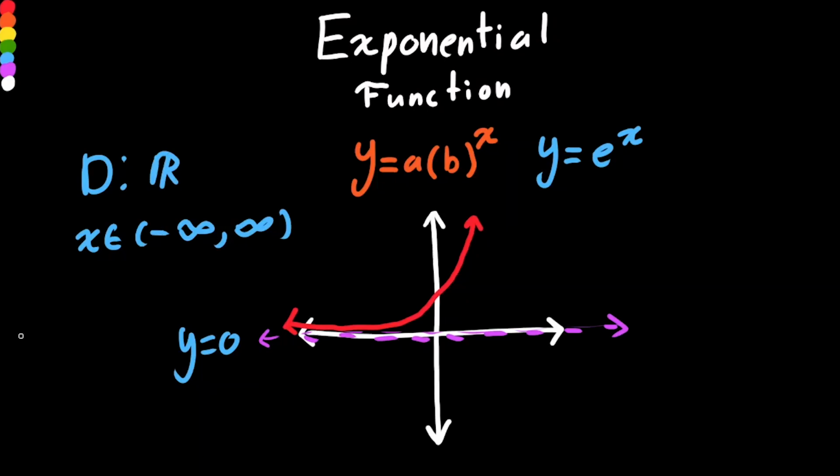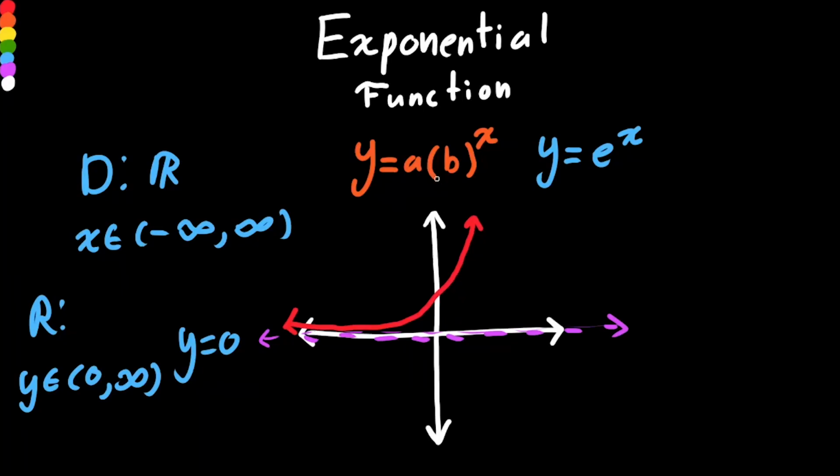Now the range is slightly different, because it has a lower bound with that asymptote that is parallel to the x-axis, and it has some limitations. In this case, with the parent function y is equal to e to the x, y includes all numbers greater than 0, not including 0, to infinity, because the asymptote is at 0, so the graph will never actually have the value of 0.